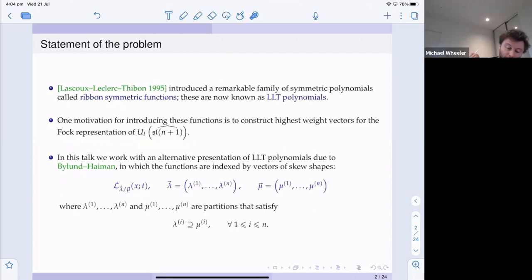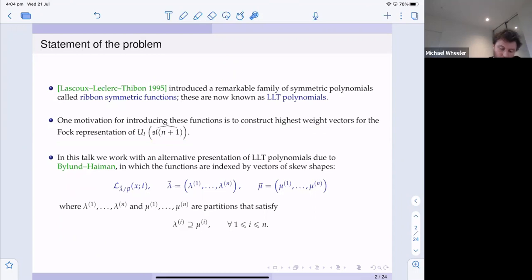And then there is something called the boson-fermion correspondence, which will map the Young diagrams to polynomials. If you look at what happens to these Young diagrams under this mapping, effectively the polynomials that you get out of this are the LLT polynomials. So in some sense, they play the role of highest weight vectors in this Fock module.